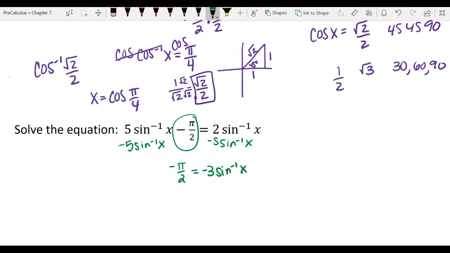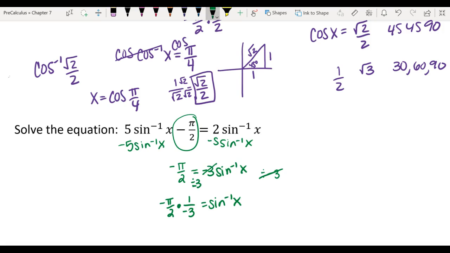Okay, so then you would divide by negative 3, correct? And again, I would write it as divide by negative 3. I wouldn't do the slash because I have a fraction over here. So negative pi over 2 divided by negative 3 is the same thing as timesing by negative 1/3. That's going to equal negative sine inverse of x because this 3 and this 3 cancel.